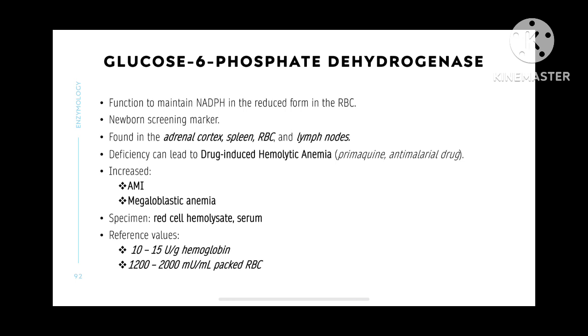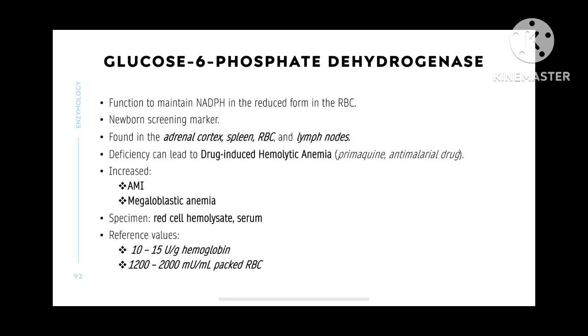Increased levels of G6PD in the serum have been reported in acute myocardial infarction and megaloblastic anemias. No elevations are seen in hepatic disorders. G6PD levels, however, are not routinely performed as diagnostic aids in these conditions. A red cell hemolysate is used to assay for deficiency of the enzyme.